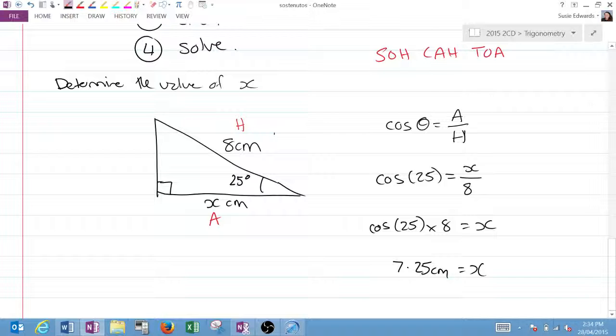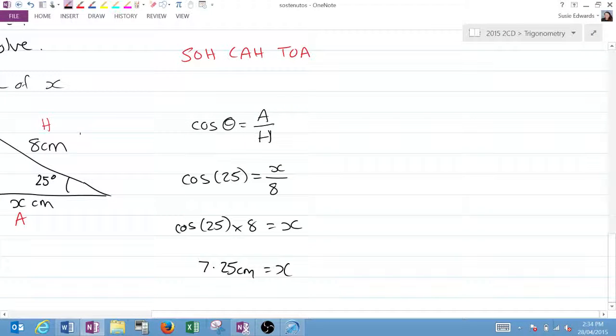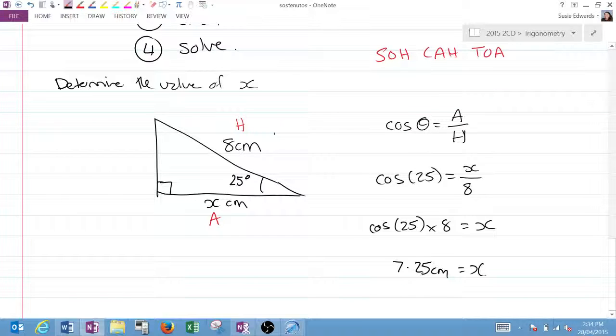To do that, you go shift mode 3. Shift mode 3 on your little scientific one. On your class pad, check down the bottom that it says degrees, and if it doesn't say degrees, you need to just click on that word until it changes. So it's the bottom right next to the battery.